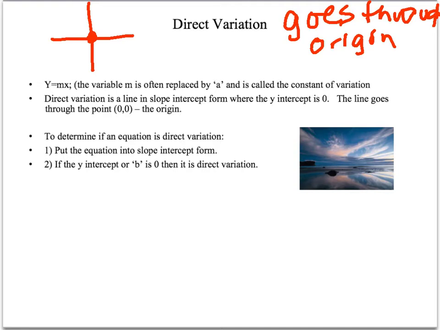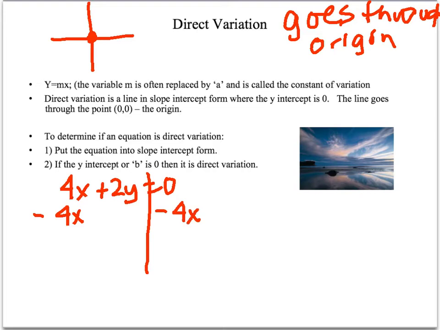So to determine if an equation is in direct variation, the first thing we want to do is put the equation in slope-intercept form. So what if I had the equation 4x plus 2y equals 0. Well, right now this is not in slope-intercept form. What I need to do is get y by itself. First thing I'm going to do is move this positive 4x from one side to the other. They cancel. I have 2y equals negative 4x. I'm almost done.